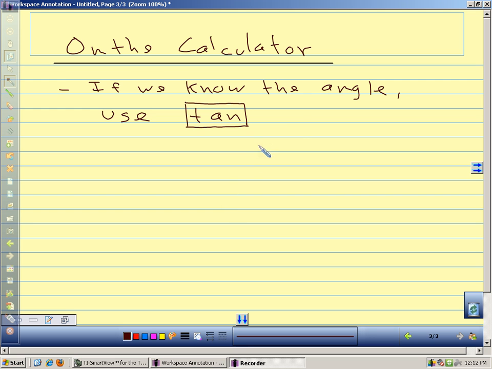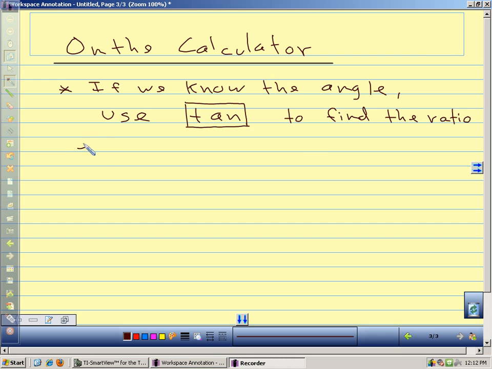So we use the tangent button to find the ratio. Yes, on your scientific calculator it'll have a button that says tan. So if we know the angle and we want to find the tangent ratio, we use our calculator. So let's do a couple of examples.